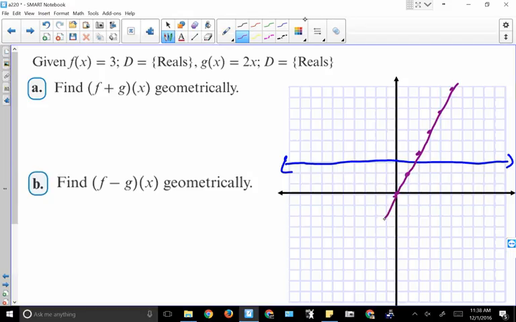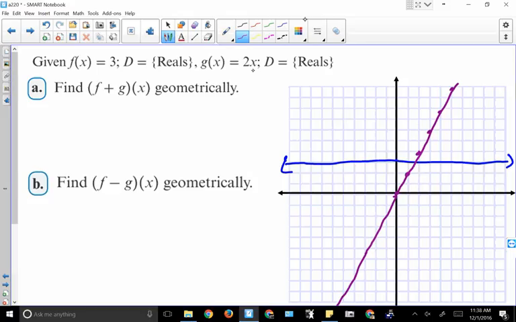So I've got a line going through, kind of looks like this. There we go. So there's my line. Now, okay, what good does that do me? If I combine these together, what am I always going to do? Well, f of x is always 3.